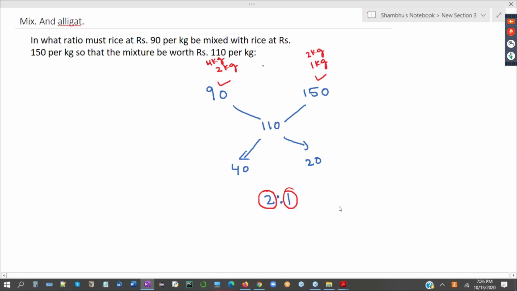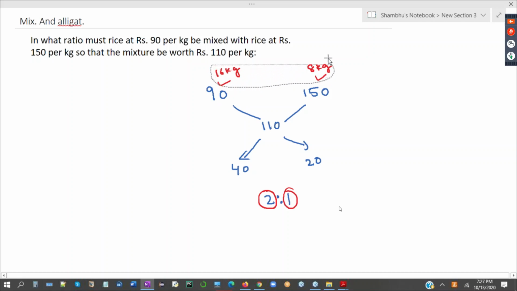Whatever quantity I take, the ratio must be 2:1. Like if I take 16 kg from the first type, then from the second type I have to take 8 kg, such that the ratio of 16 and 8 is 2:1.